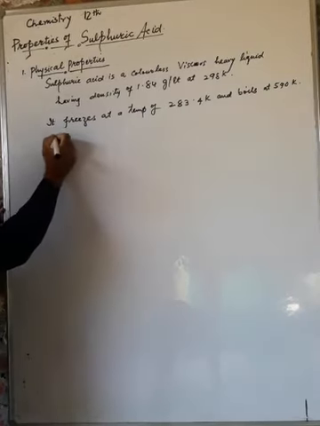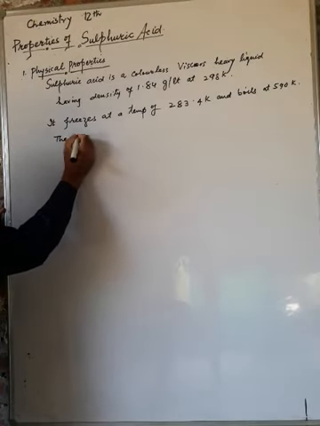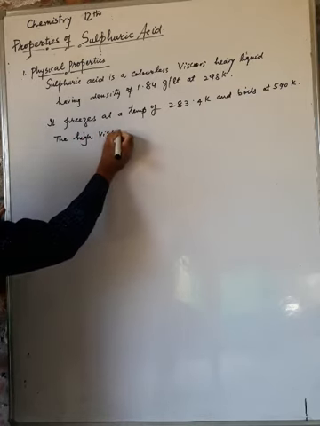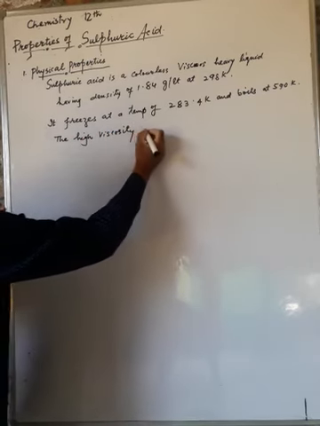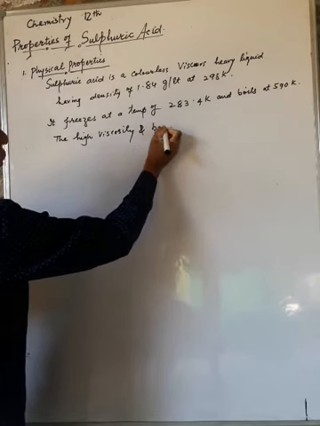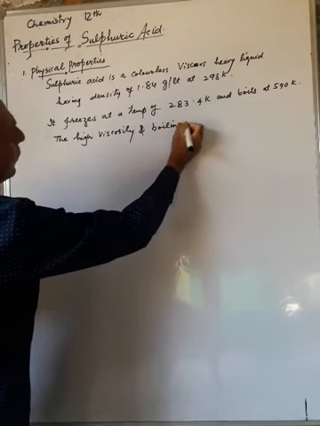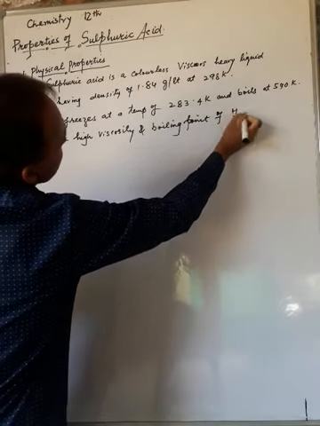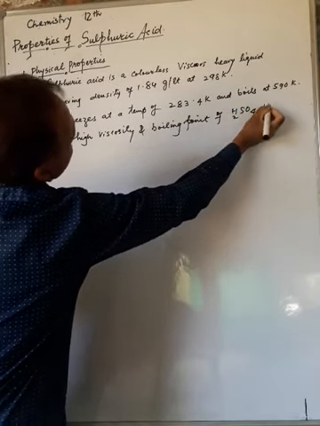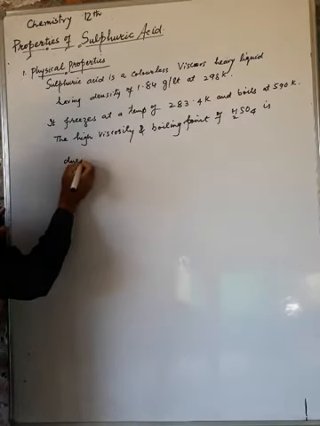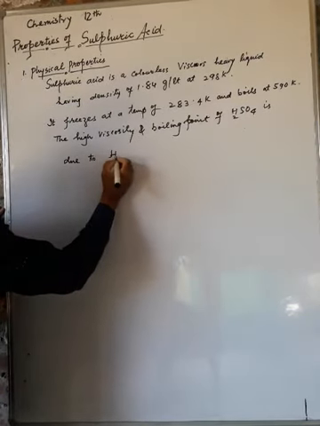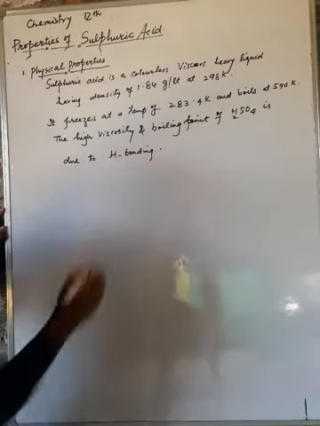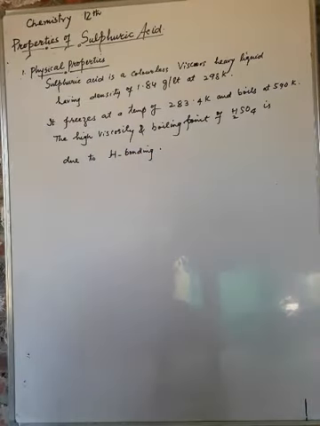The high viscosity and boiling point of H2SO4 is due to hydrogen bonding which exists in this H2SO4.